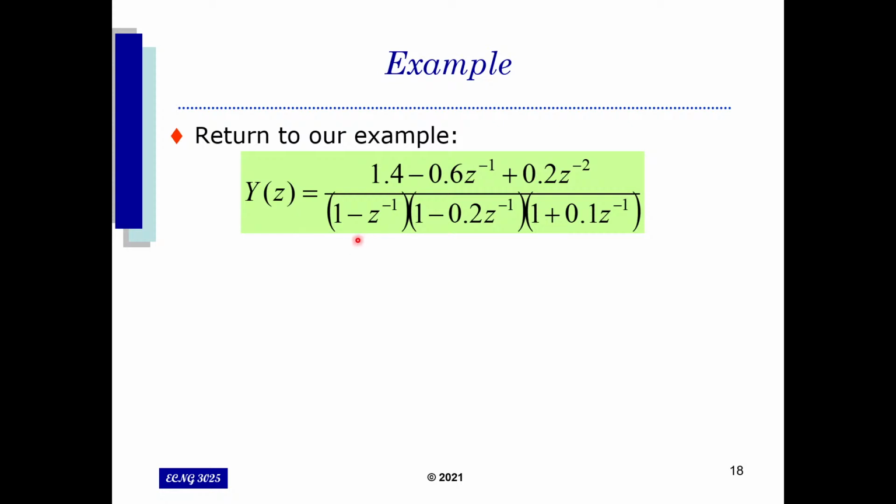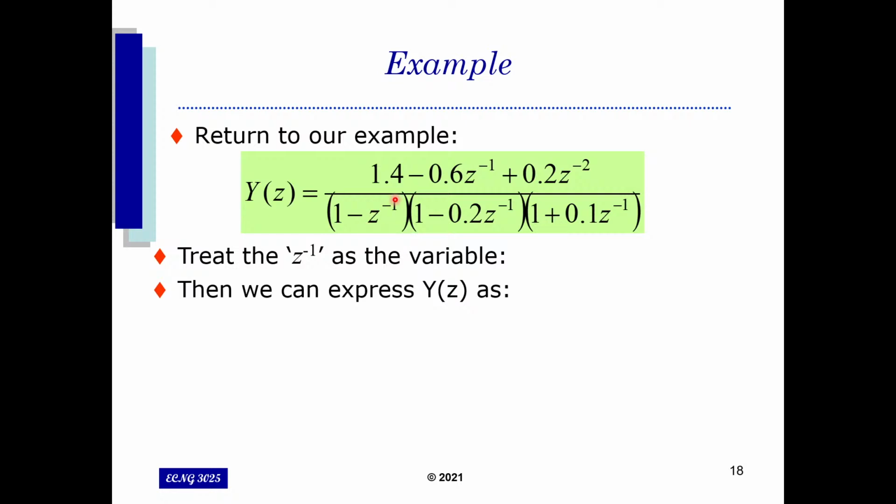So for our example here, we already factorized the denominator as is. We're going to treat Z to the -1 here as a variable. For some people who have visual conception problems, I know I sometimes do, we basically do a substitution here. We let x equal Z to the -1, which means x squared is Z to the -2, and x cubed will be Z to the -3 accordingly, and so forth. As a result, I can transform that entire equation from y of z into y of x.